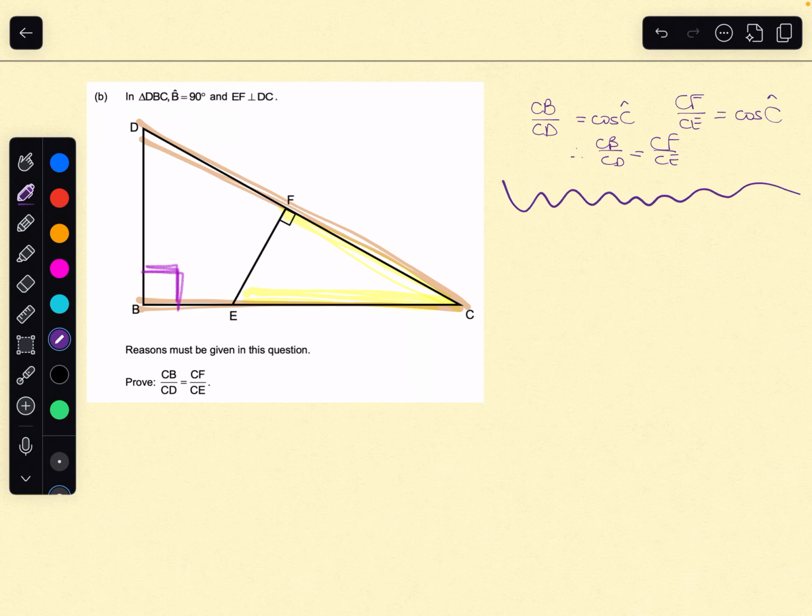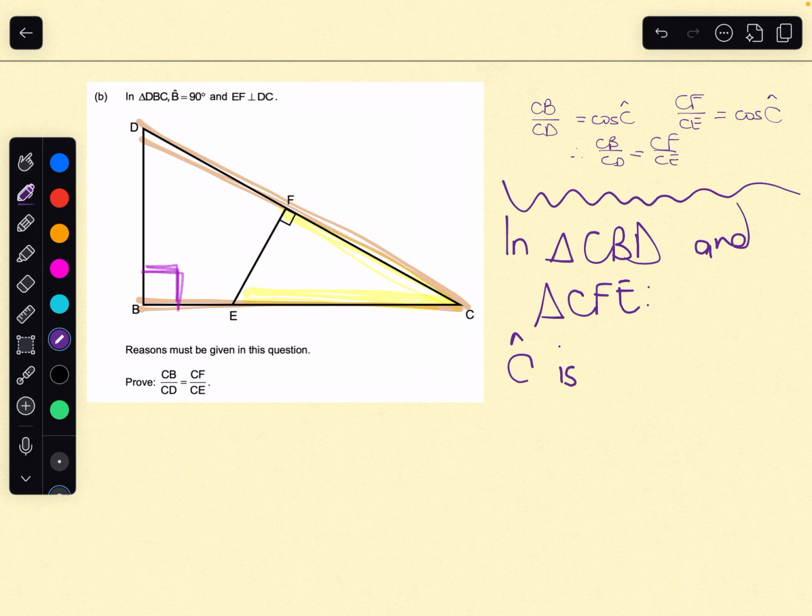So we would just have to say in triangle CBD, which is the big one, and triangle CFE, which is the small one, we just want to show that they are equiangular. So firstly, we know that C is common to both of them, right?